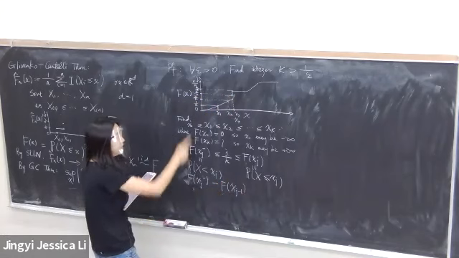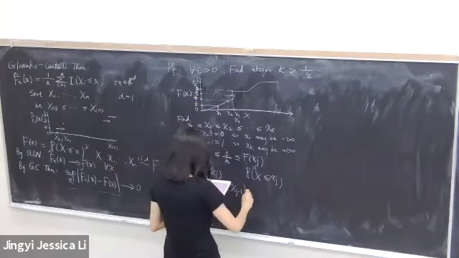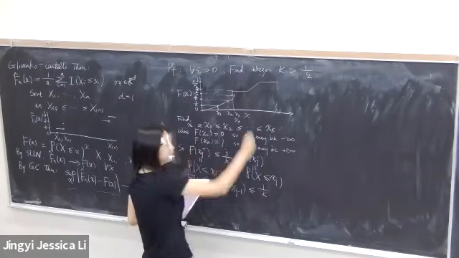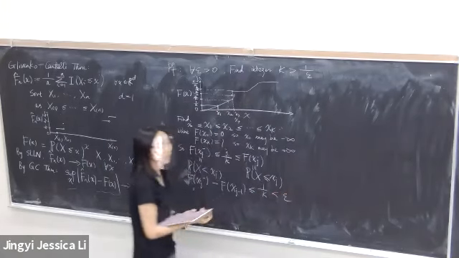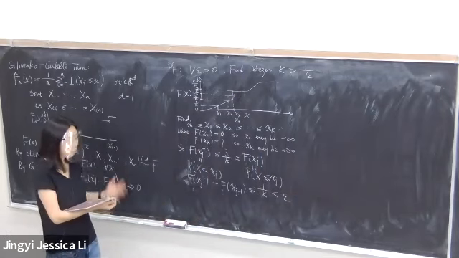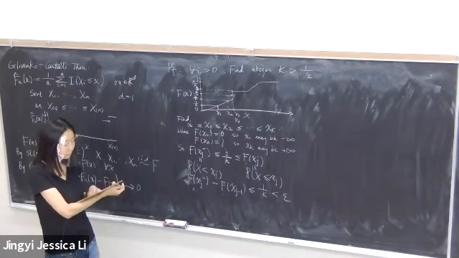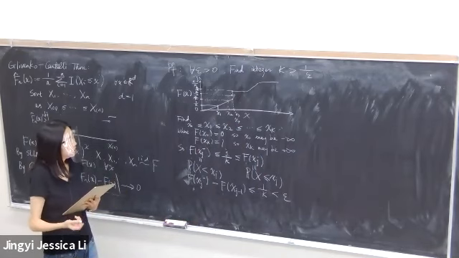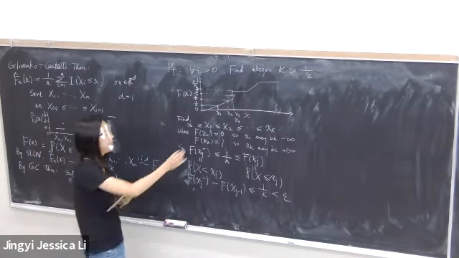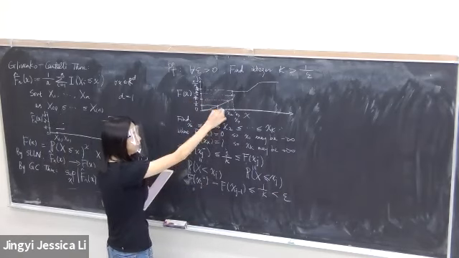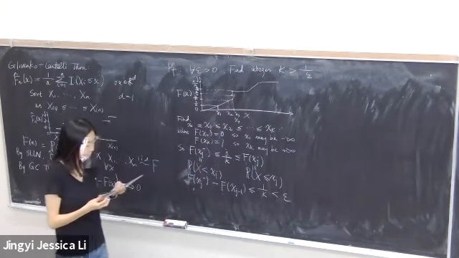Their difference in the y-axis is less or equal than 1 over k, and that's less than epsilon. This is just because of how I choose this k. So in other words, I'm able to make the F value changes very small between adjacent values.